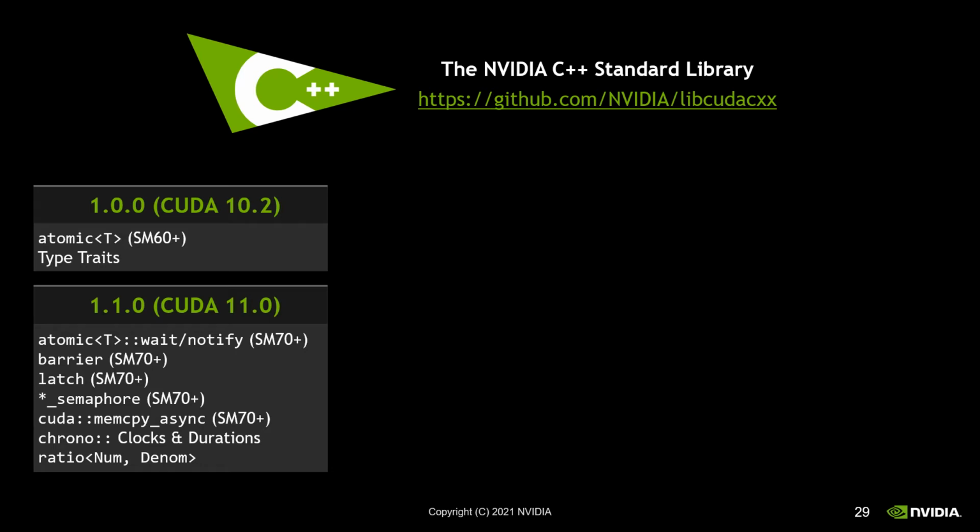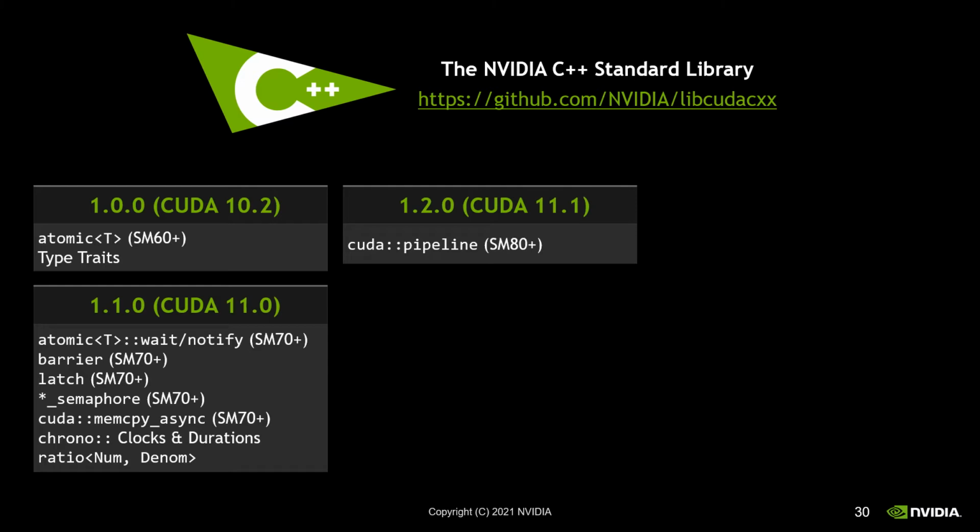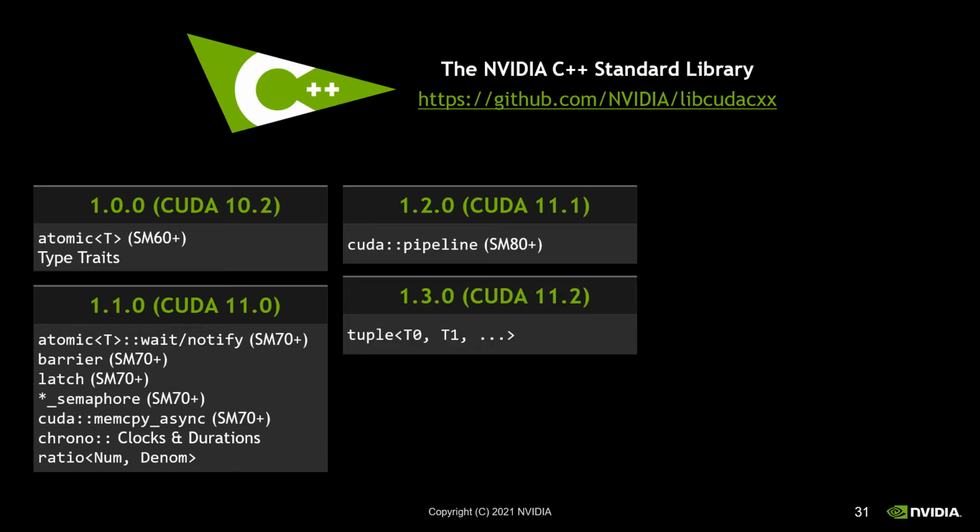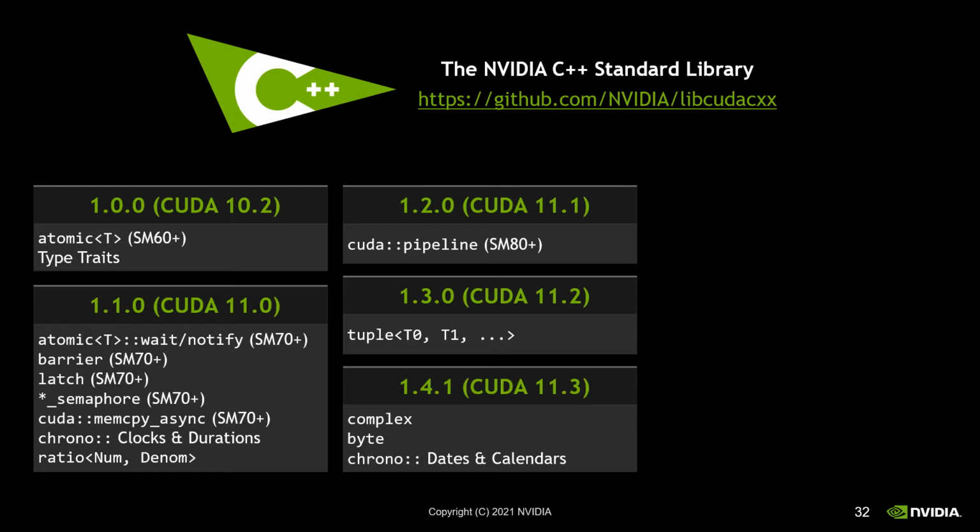It also introduced cuda::memcpy_async, an extension for asynchronous data movement. Heterogeneous standard C++ clocks were also added. In 1.2, we introduced cuda::pipeline, an extension for coordinating asynchronous data movement. In 1.3, we added tuple. 1.4 brought complex, byte, and chrono dates and calendars.